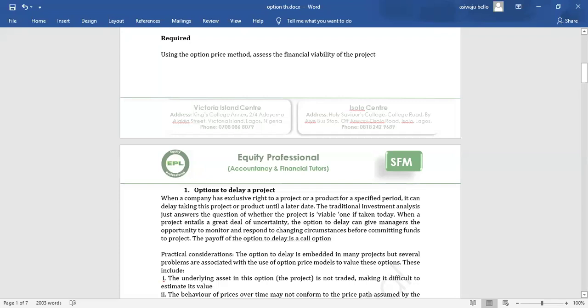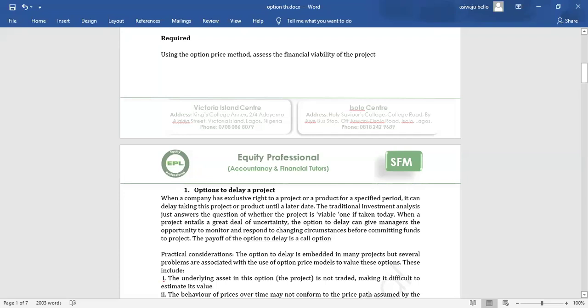Management can decide to delay the project for some years with a view to reducing the level of uncertainty and improve the project's profitability.